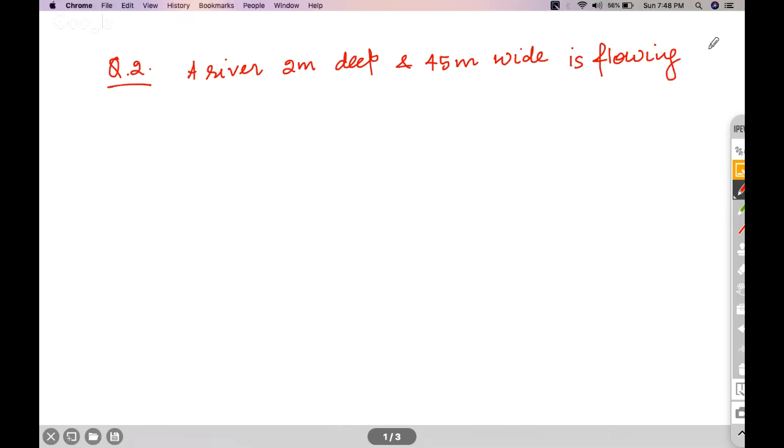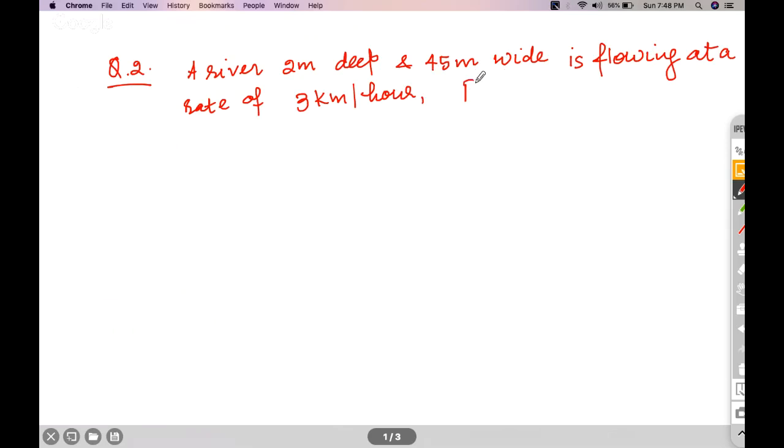So look at here. It's question 2 I'm giving now, and question 2 is: a river 2-meter deep and 45-meter wide is flowing at a rate of 3 kilometer per hour.